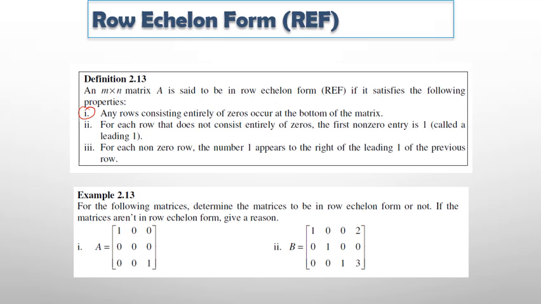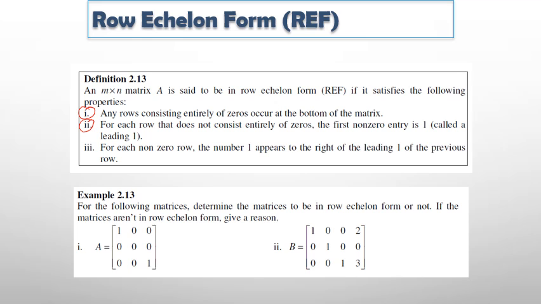It must be at the bottom, cannot be in the middle, cannot be on the first row, must be at the last row. If there is no all-zeros row, meaning all elements are 0 on that row, it doesn't matter, you just ignore this property. For the second property, for each row that does not consist entirely of zeros, the first non-zero entry is 1, called a leading one.